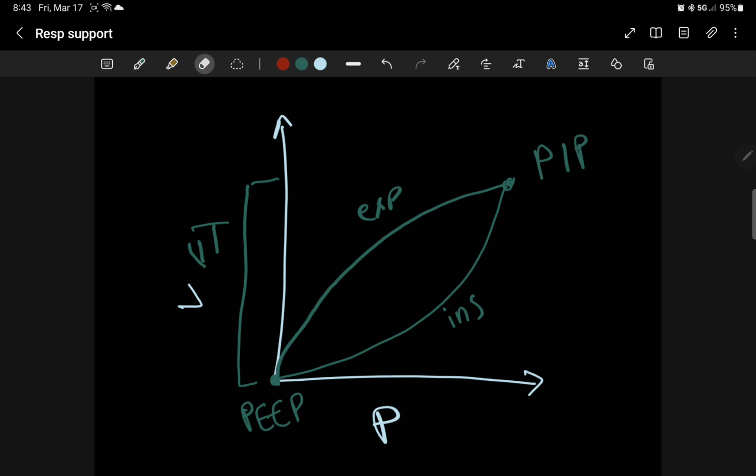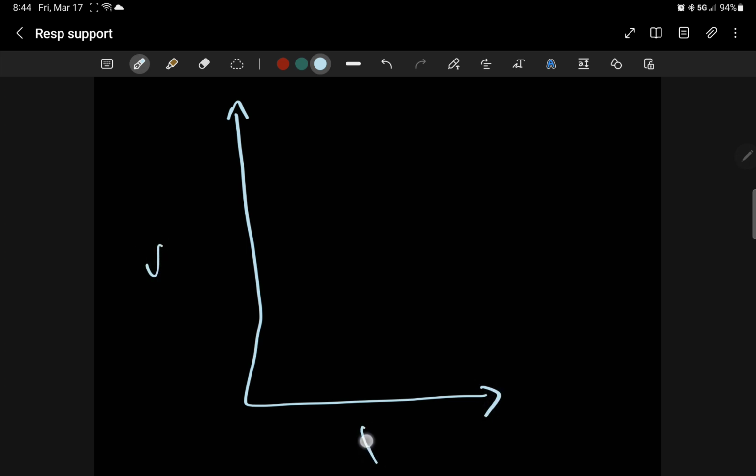So if we apply this curve to this point, I have this here, the same curve again, which is the volume pressure curve. And what I'm basically looking at, let's say this is a pressure of 10, 20, and 30.